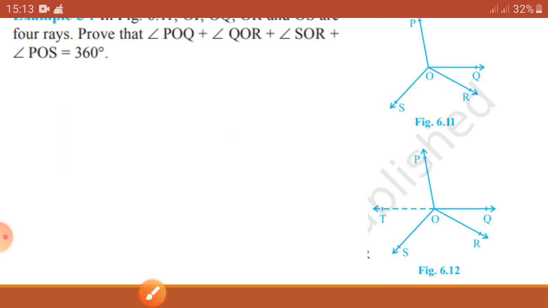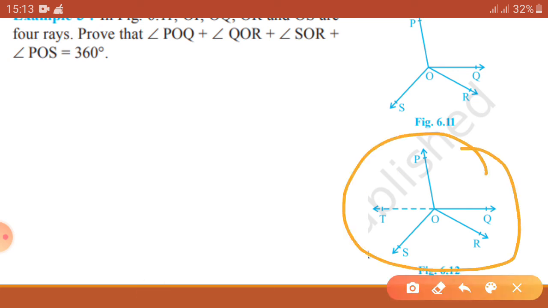Okay, so for the solution you need to produce any of the rays OP, OR, OQ, OS backwards to a point. Let us produce ray OQ backwards to a point T so that TOQ is a line. So for this we go to figure 6.12.